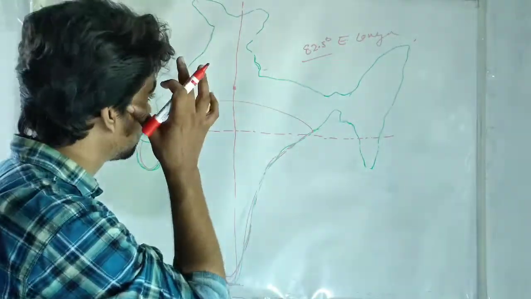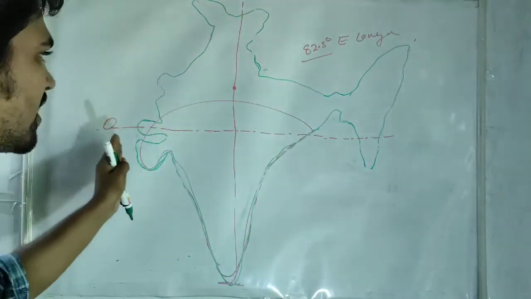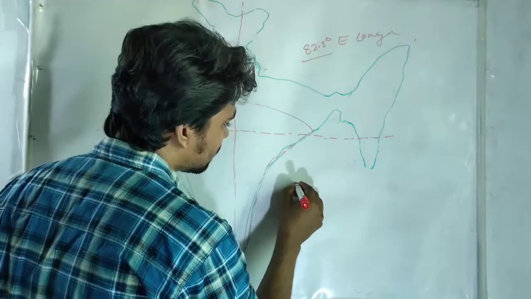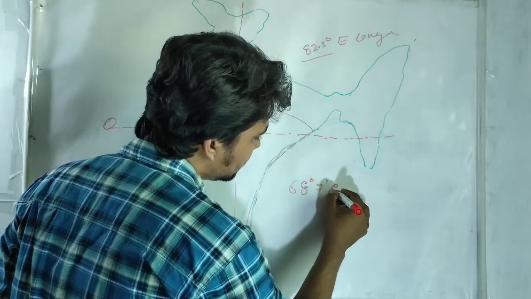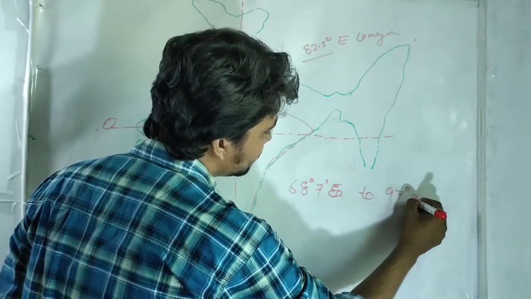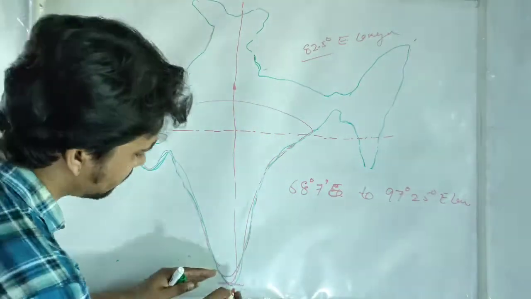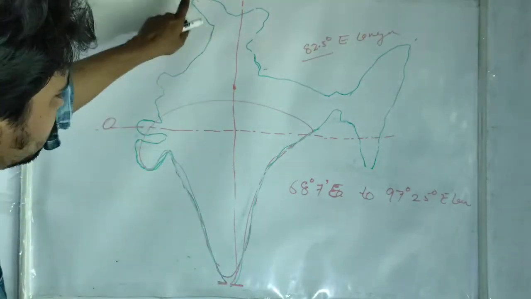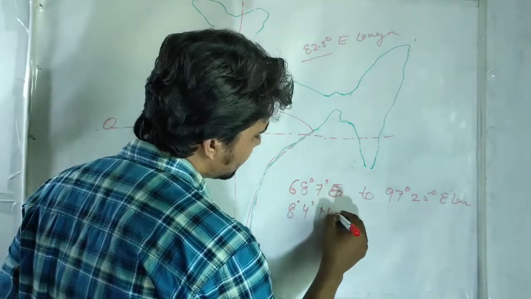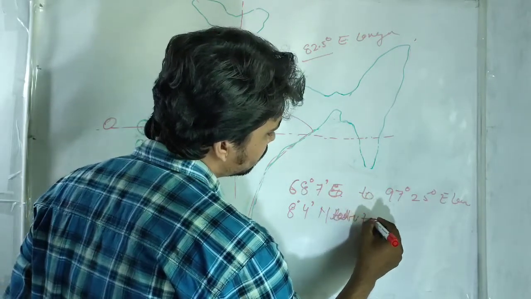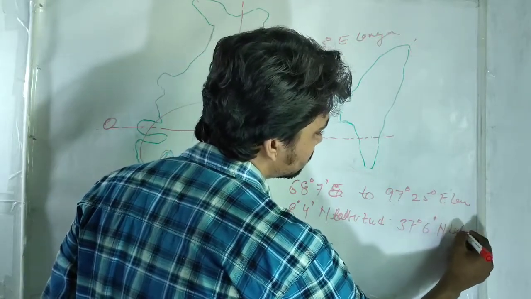The longitudinal location, that is from west to east, is about 68 degree 7 minute east longitude to 97 degree 25 minute east longitude, and the latitudinal extent, that is from south to north, is about 8 degree 4 minute north latitude to 37 degree 6 minute north latitude.